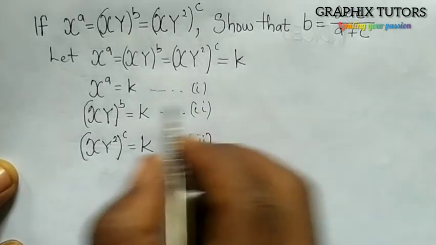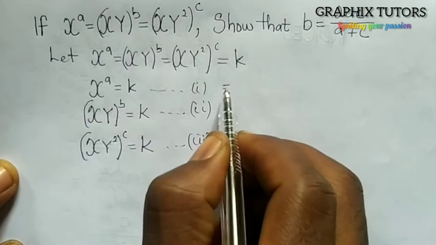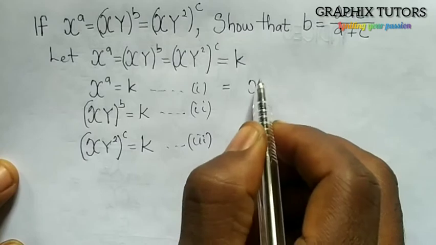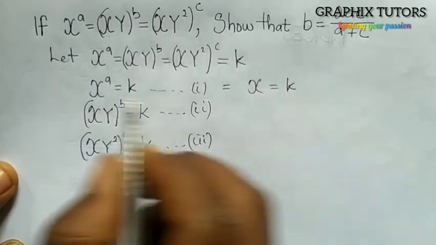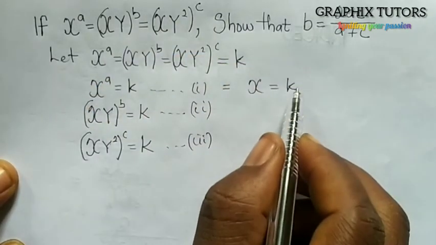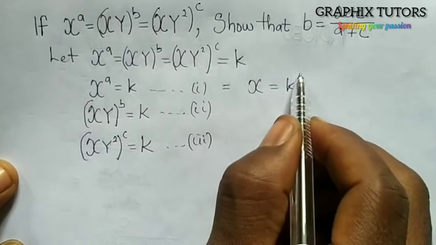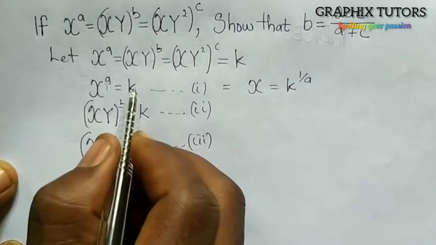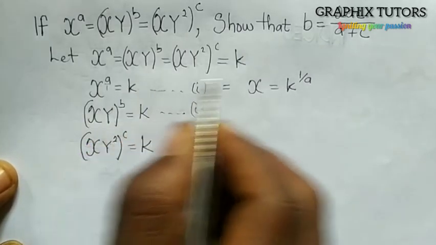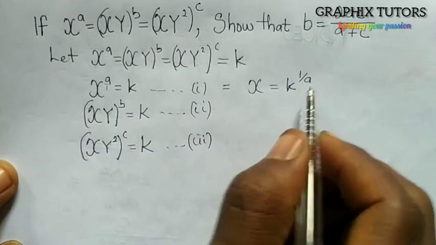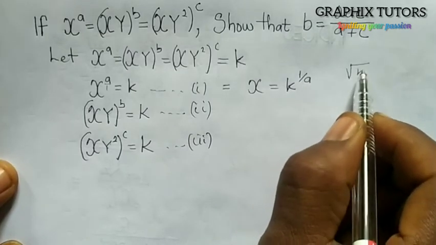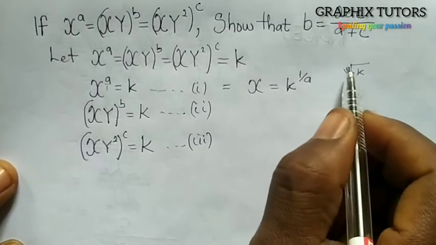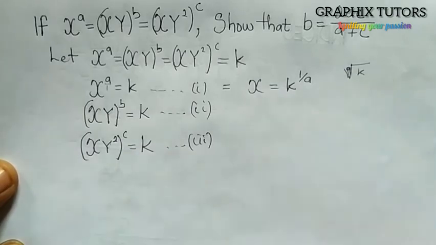So this can be given as, still my same equation 1, it can be given as x is equals to K. When this a is coming to this side, right, it will have 1 all over a, because the a here is over 1, so when it's switching sides, it will become 1 over a, right, which is something like saying the a-th root of K. But let's leave it this way.